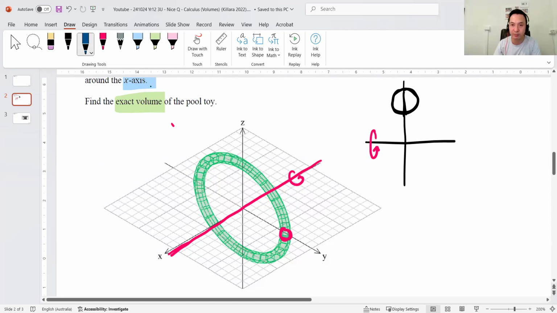So picture this circle here getting rotated about the x. It creates a 3-dimensional donut. That blue there isn't quite doing its job, but basically it creates a donut. So what I want you to visualize is, how do I do this volume?